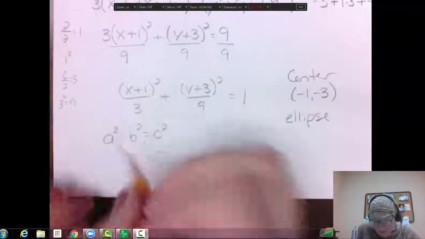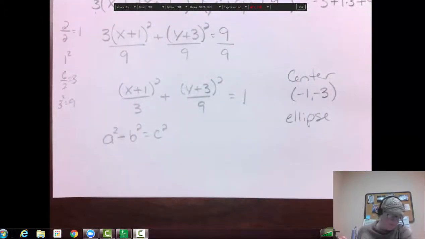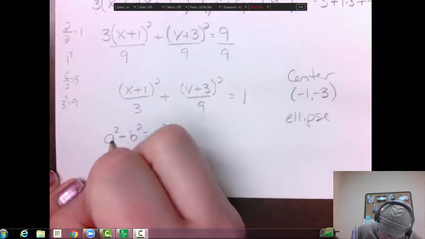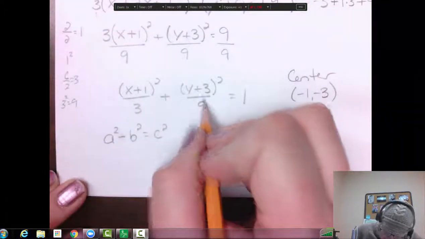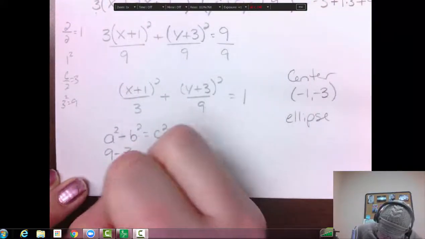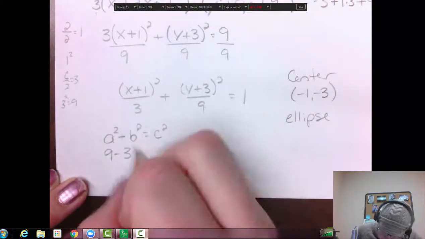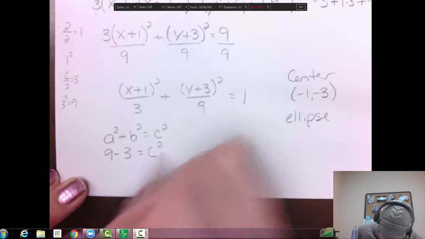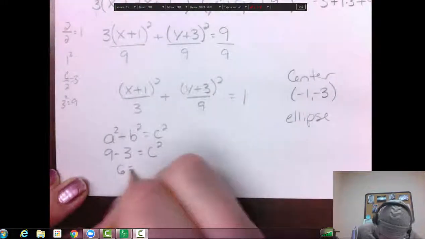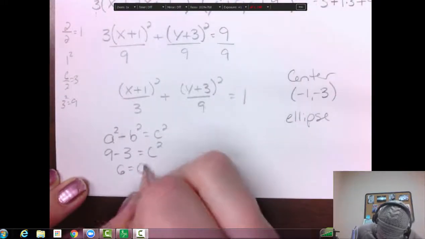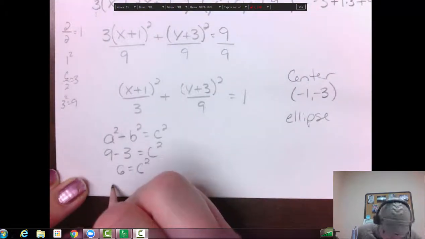It's a plus on the hyperbola. Okay, so this is a minus. So, sorry, and then I'm going to take the highest number, which is always a², which is under the y. So it'd be 9 minus 3, as those two squared numbers equal c². So I end up with 6 equals c², which makes c the square root of 6.